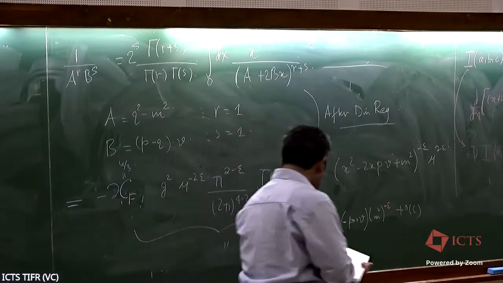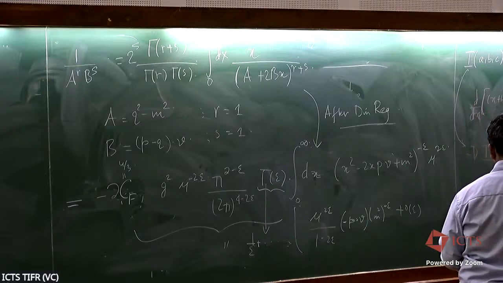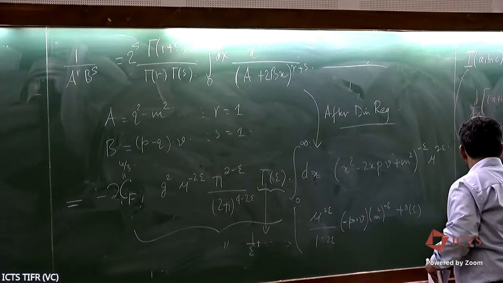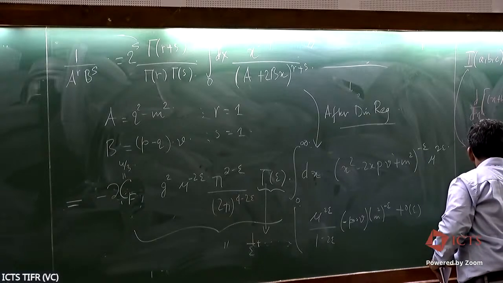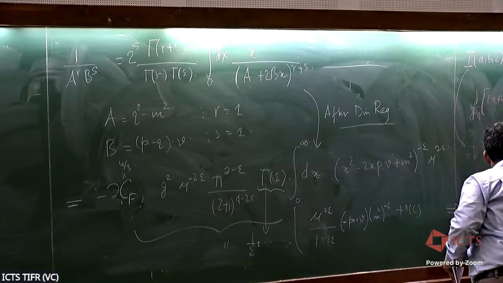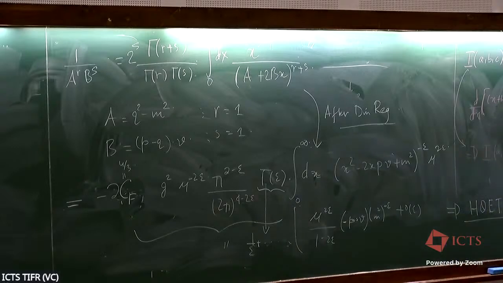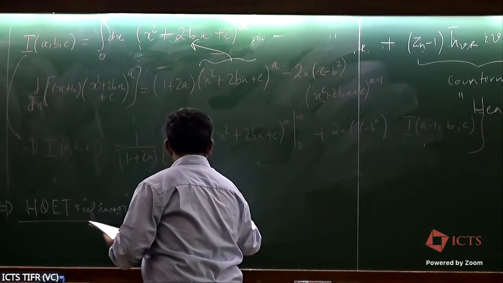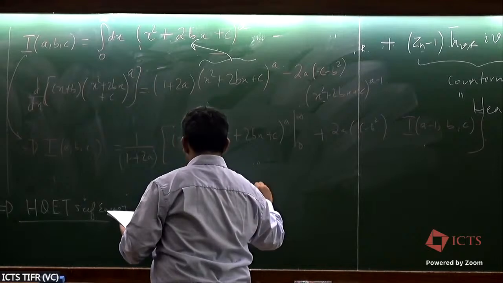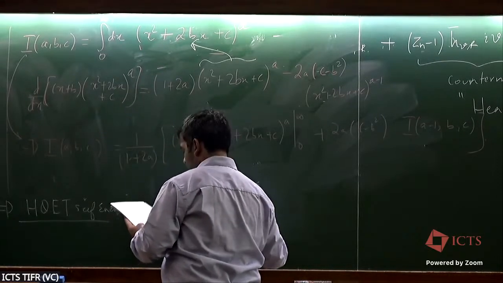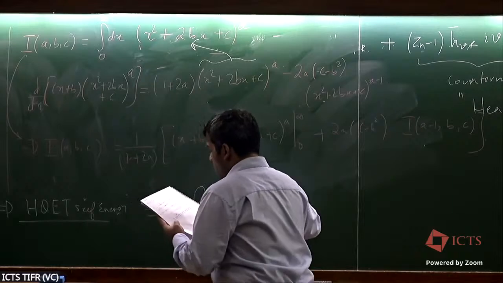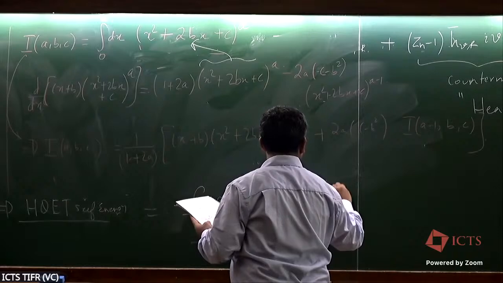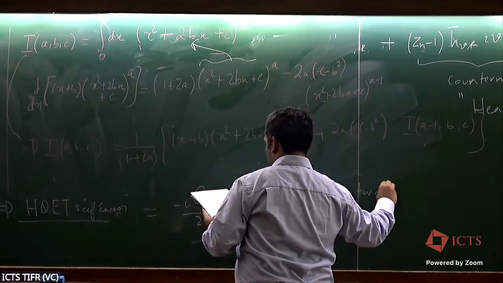Finally, the result is that the self energy is minus i CF over 2 g squared mu raised to minus 2 epsilon by 4 pi squared, p dot p divided by epsilon plus finite terms in epsilon.